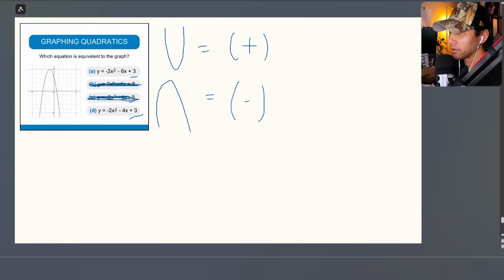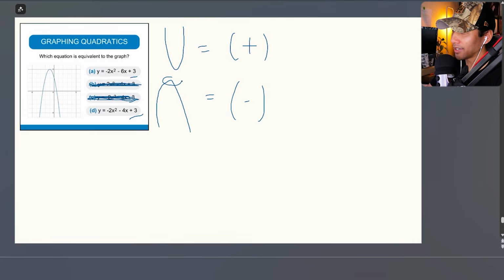Next thing we're going to do is we have to figure out the vertex. The vertex is the point, the highest point or the lowest point. So the highest point for negative, right? And then the lowest point for positive.